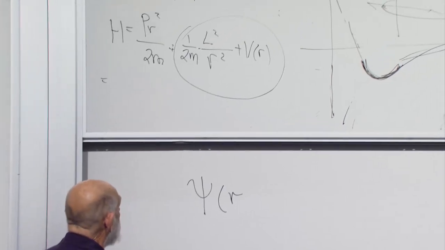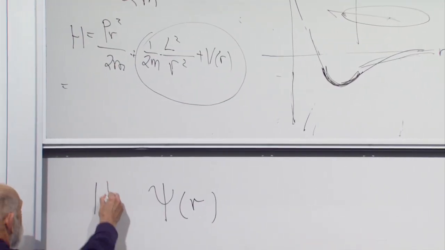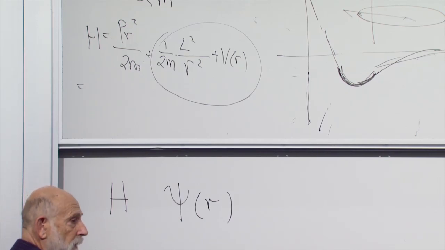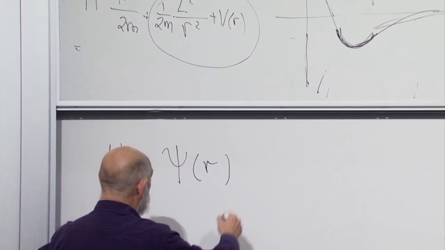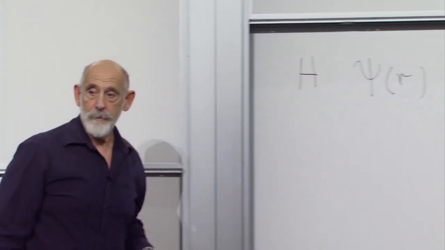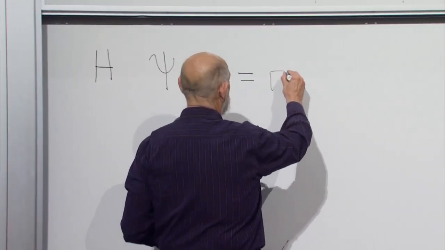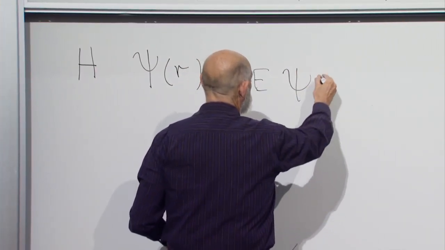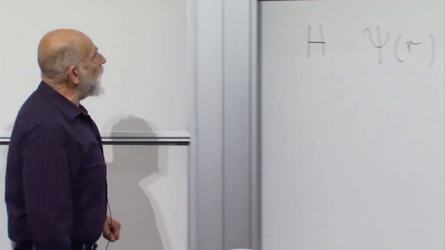psi of r, and what does it satisfy? It satisfies the Schrodinger equation, H on psi of r, let's say the time-independent Schrodinger equation. What do you put on the right-hand side? The energy. And it determines the eigenvalues and the eigenvectors of energy. Now what is H?